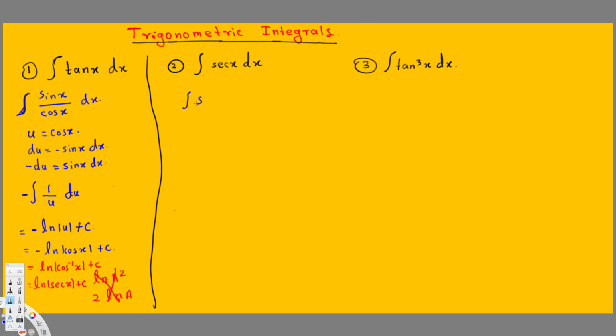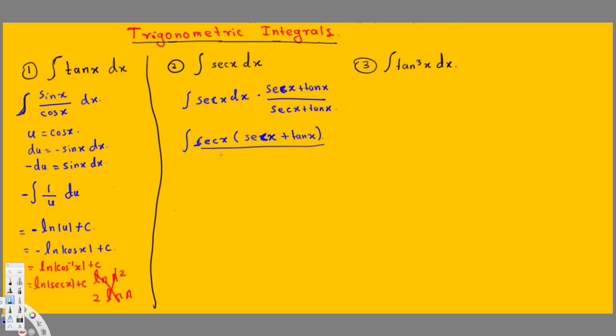So if I multiply sec x dx, sec x plus tan x in the upper value, and sec x plus tan x lower. So if I multiply, what's going to happen, we will get sec x plus tan x on top.